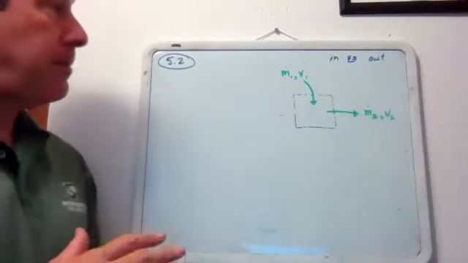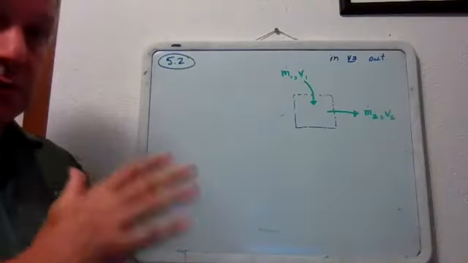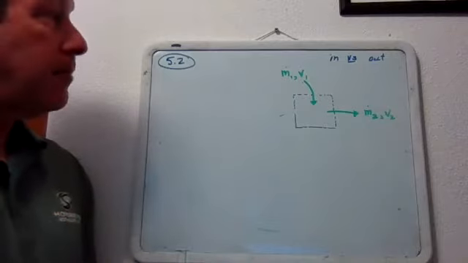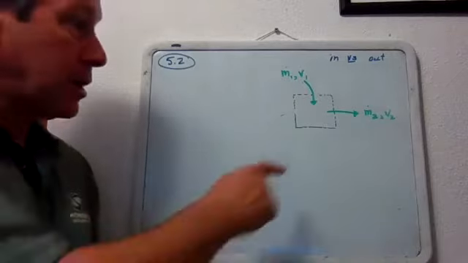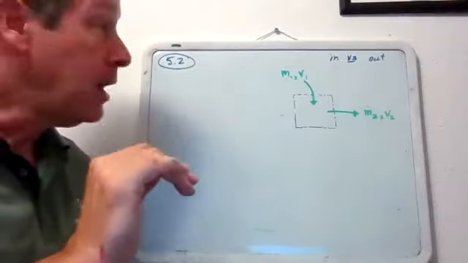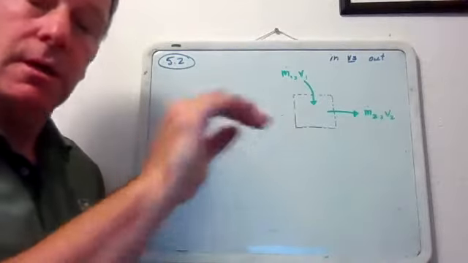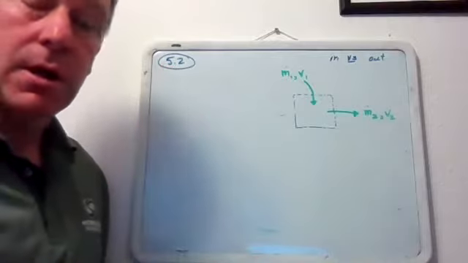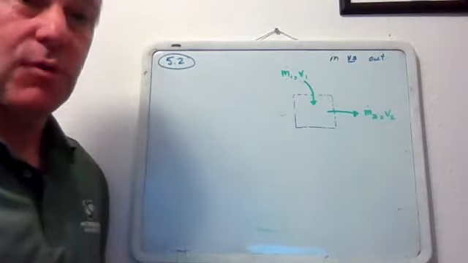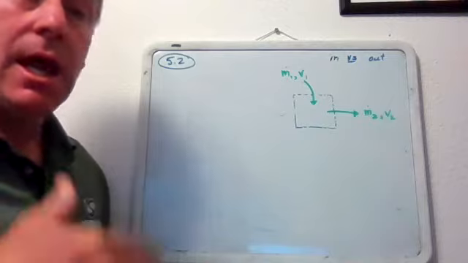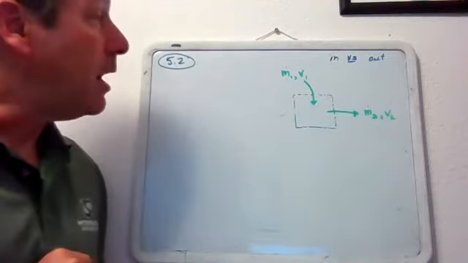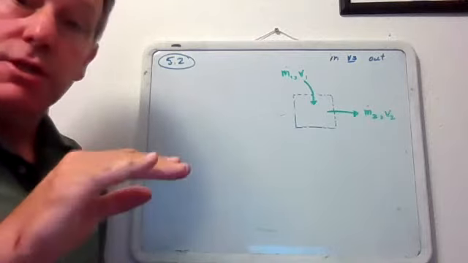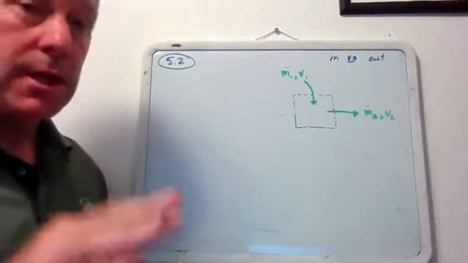No need to copy this down, but I'd like to give you a preview of where we're heading. In chapter 5, there are a lot of control volume problems where we compare something going in versus something going out, flow in, flow out. We already did mass flow in, mass flow out. That's section 5.1. We have more work to do on 5.1, but I'm going to save that for another day, and that's not going to be on test 1. We can also do energy flow in, energy flow out, entropy flow in, entropy flow out.